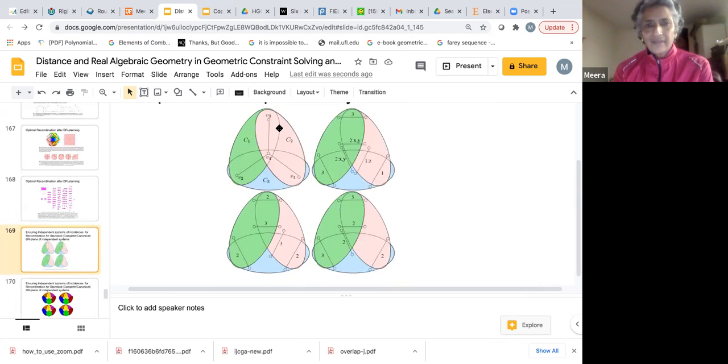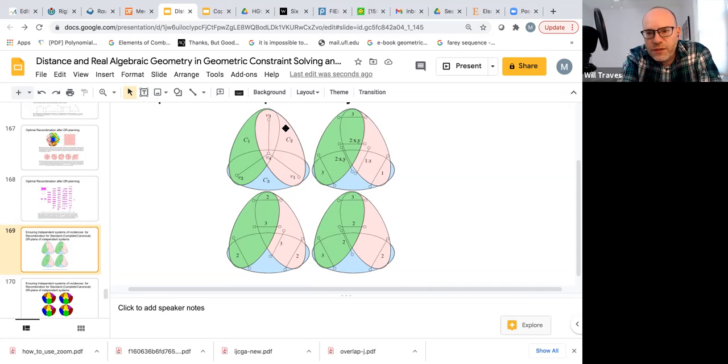If you have a solution to this cluster, or you have all the placements of all the vertices in this cluster, and the placement of all the vertices in this cluster and so forth, then when you try to find the rotation and translation of C2 and C3 so that they fit together to satisfy this incidence here, they're just off a little bit.